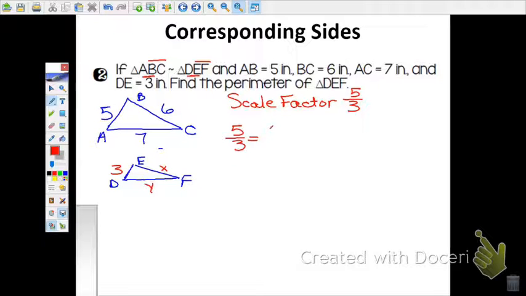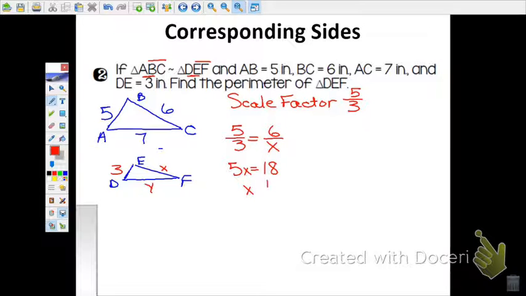So it's going to be 6 over X. Okay, 6 over X. So I cross multiply. 5X equals 18.